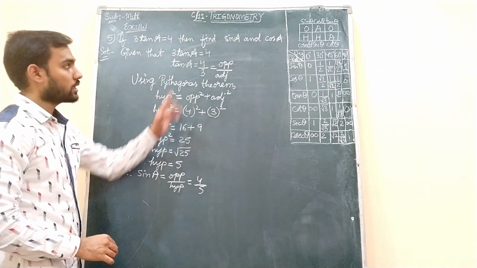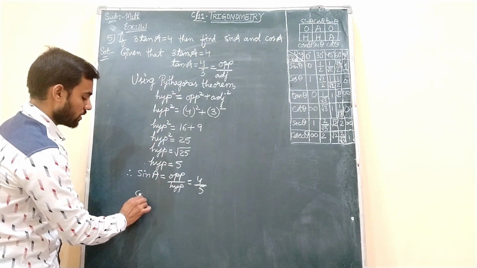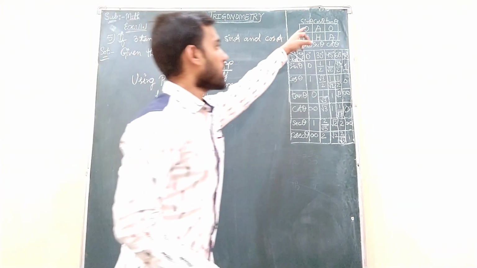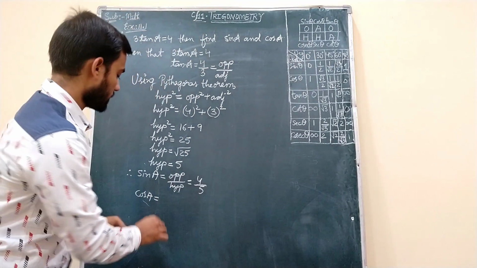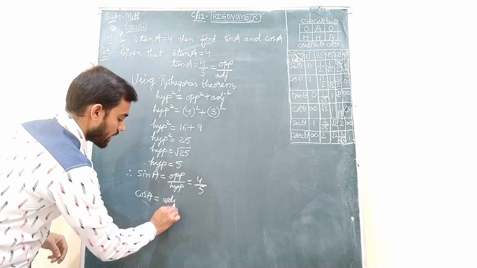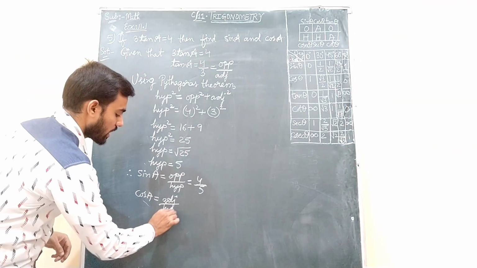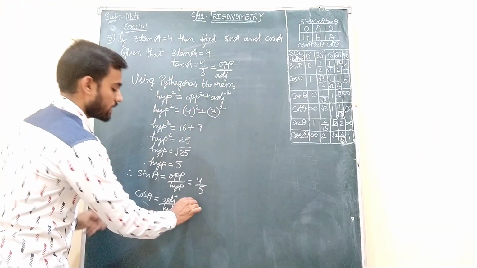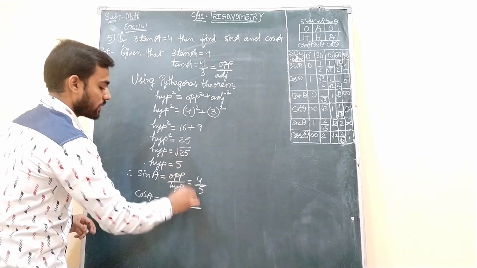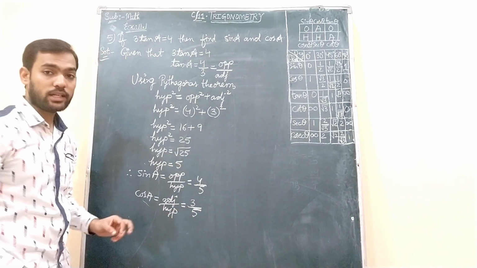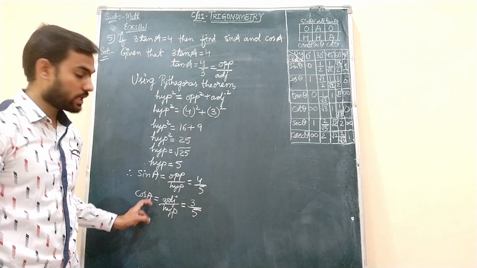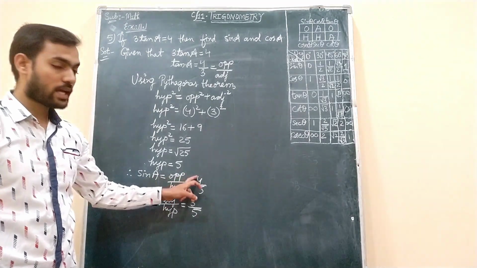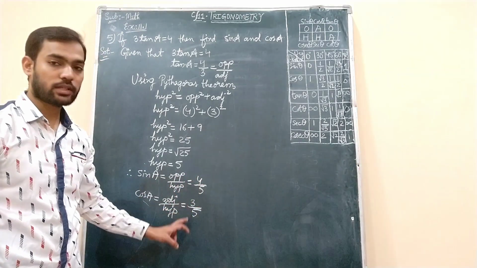We got sin A. Now cos A. The formula of cos is adjacent by hypotenuse. Adjacent is 3, and hypotenuse we have calculated as 5. Understand? So he asked to find sin A and cos A, and we have done it by formula. We got sin A value as 4 by 5 and cos A value as 3 by 5.